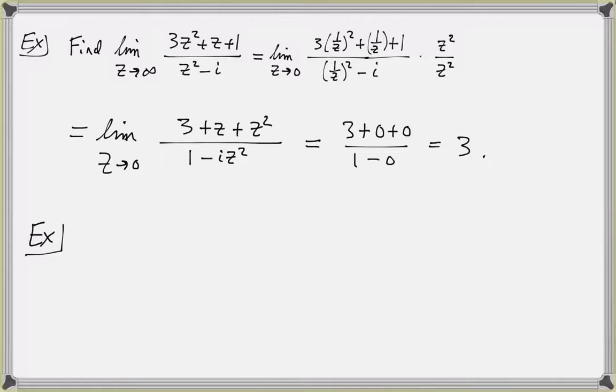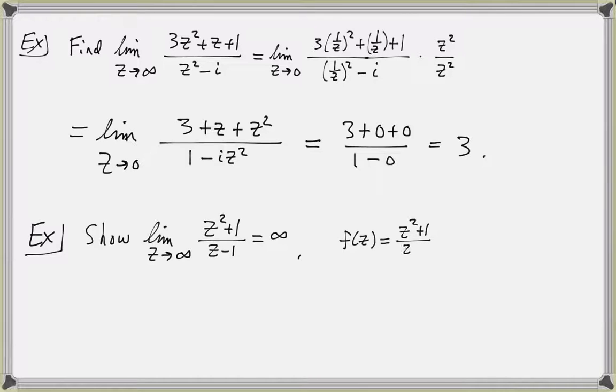For this next example, I'm going to show that the limit as z approaches infinity of (z^2 + 1) over (z - 1) equals infinity. So to simplify the notation, I'm going to write the expression in the limit as f of z. So f of z will be (z^2 + 1) over (z - 1).